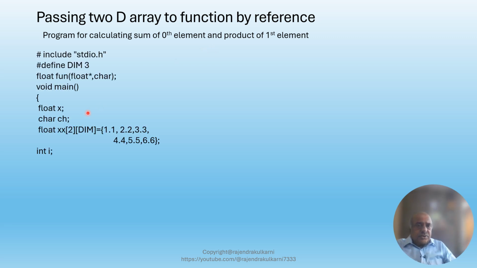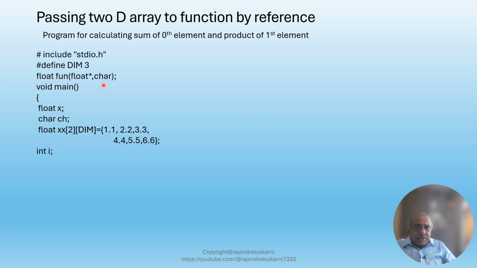A function is declared, float fun(float *, char). This float star stands for passing a pointer to the 2D array.